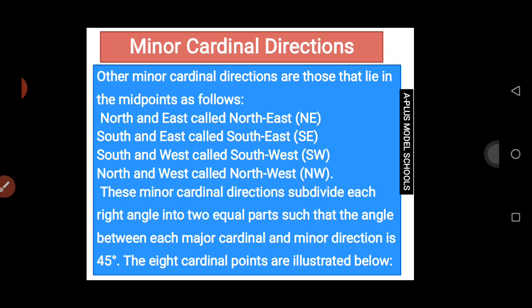Then let's now move to the minor cardinal directions. The minor cardinal directions are gotten from the major cardinal directions. How? I told you we have four cardinal points, which are north, east, south, and west.